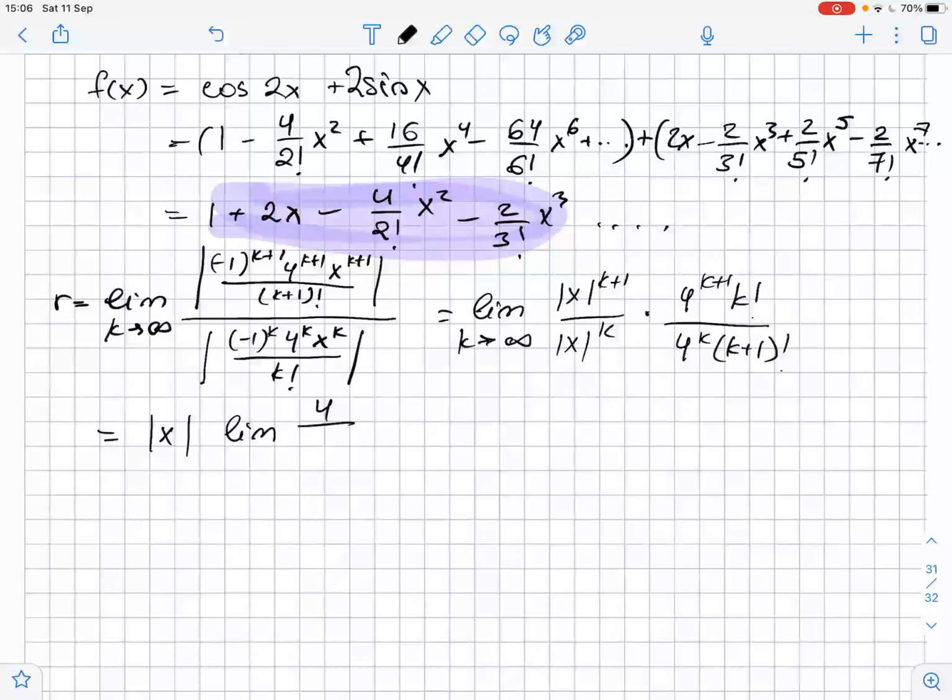Then this equals the absolute value of x multiplied by the limit of 4 over k plus 1, where k approaches infinity. Since k approaches infinity, then 4 over k plus 1 approaches 0, then this equals 0. Oh, sorry, this is not the radius. So we get that this limit equals 0. So that means that our series converges absolutely for all x, and the radius of convergence equals infinity.